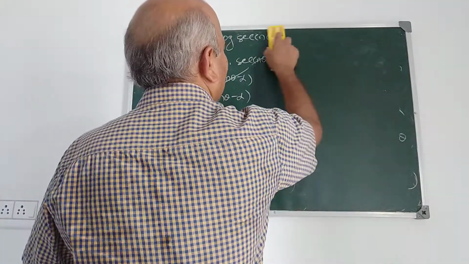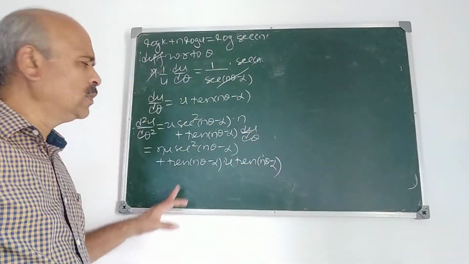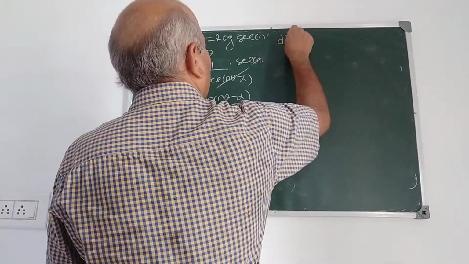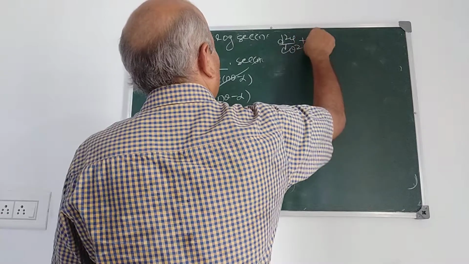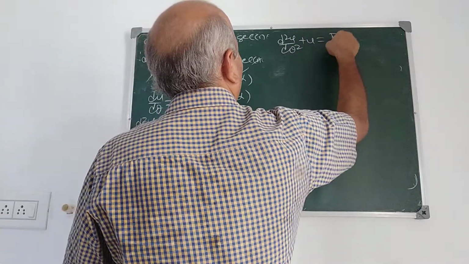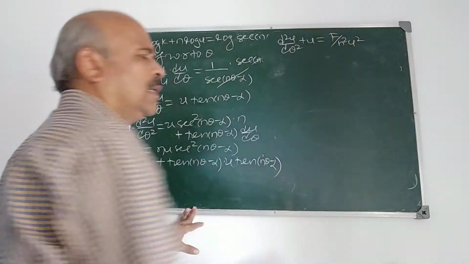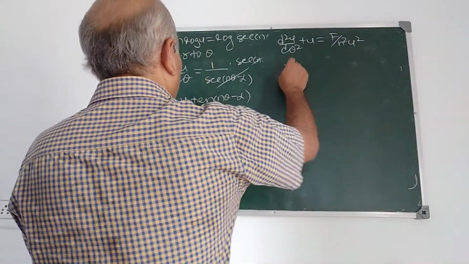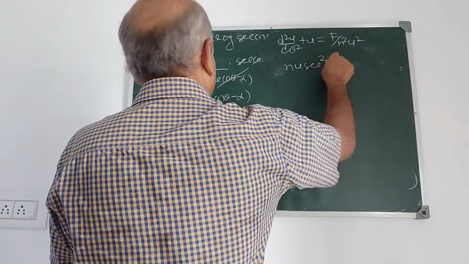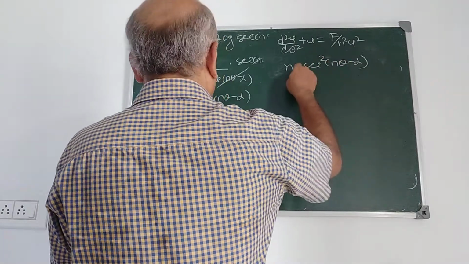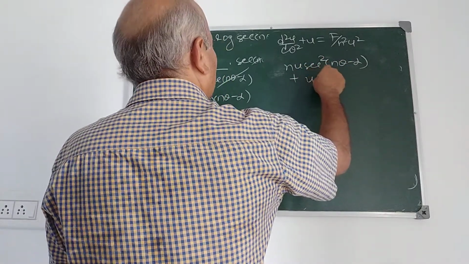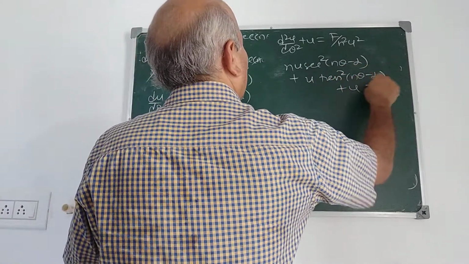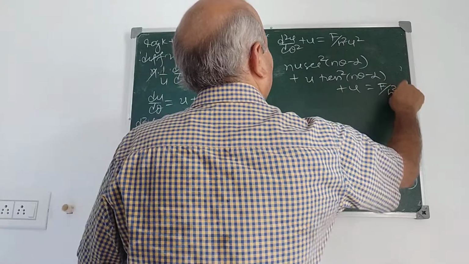What is the next step? Next step is you have to substitute d2u by d theta square in the differential equation. We have d2u by d theta square plus u is equal to F by h square u square. This is the differential equation of the orbit. Therefore, nu secant square n theta minus alpha plus u into tan square n theta minus alpha plus u is equal to F by h square u square.